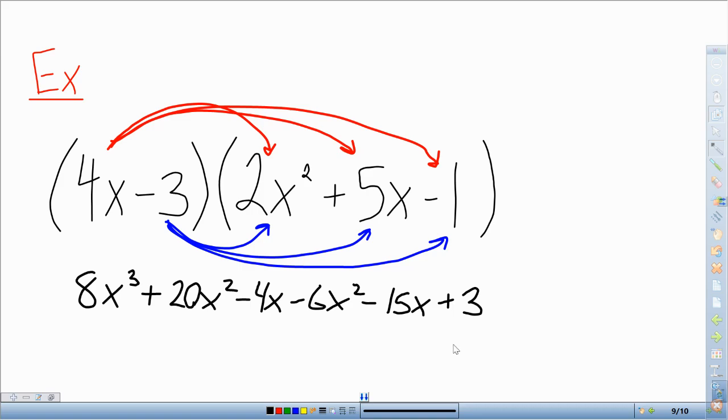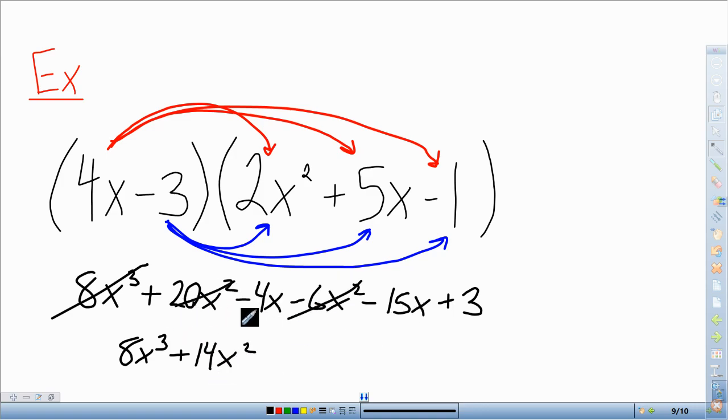Okay, so again, taking a step back, are we done or do we have any like terms? It looks like we do, in fact, have a couple pairs of like terms. So let's start with this 8x cubed. There are no other x cubeds, so we're just going to bring it down. Since there's so many terms, I highly recommend you cross it out. The x squareds, we do have it. We have a 20 minus 6, which is going to give me a positive 14x squared. Cross them out.